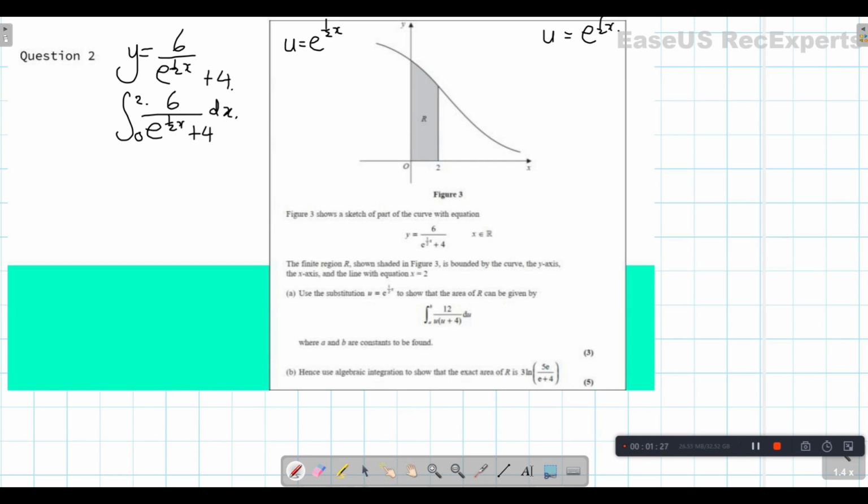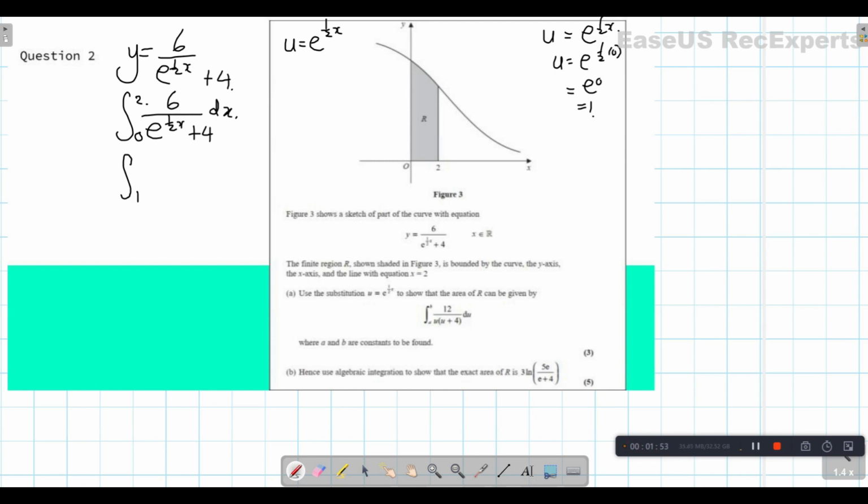To do that, I take u equals e to the power of half x. When x equals 0, u equals e to the power of half times 0, which is e to the power of 0, and the answer is 1. So the lower limit becomes 1.